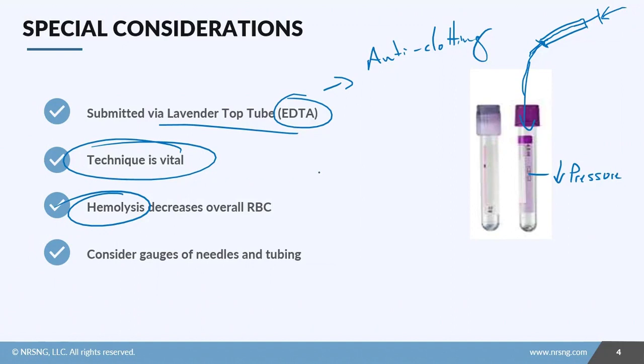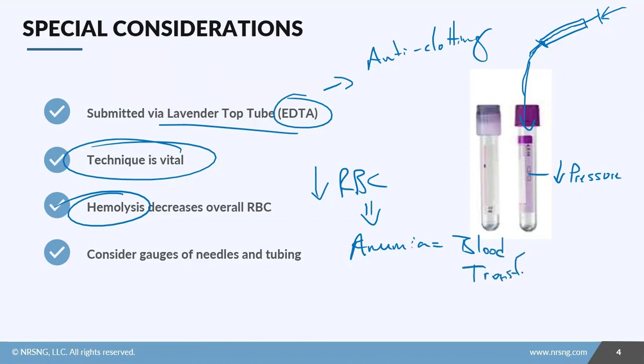If you break the red blood cells apart, you actually have a decrease in red blood cell counts. If you have a decrease in red blood cell counts, the provider is going to think anemia, which means a potential blood transfusion, which means potential risk, and it's not needed, and it's unnecessary, and it's all because this technique was poor.